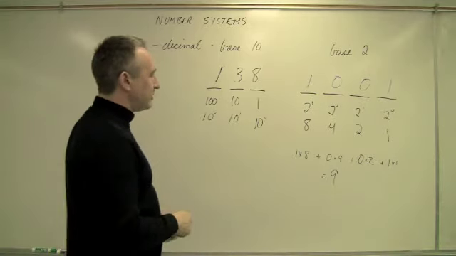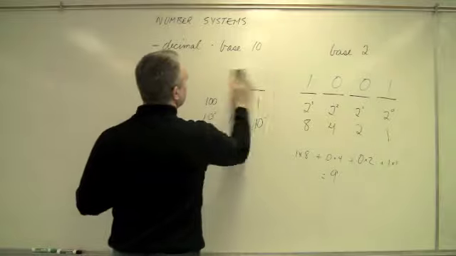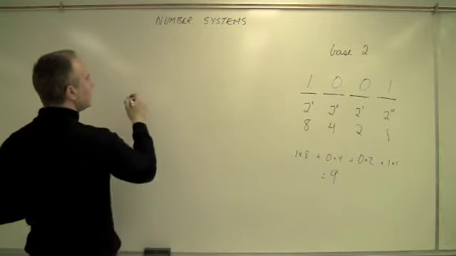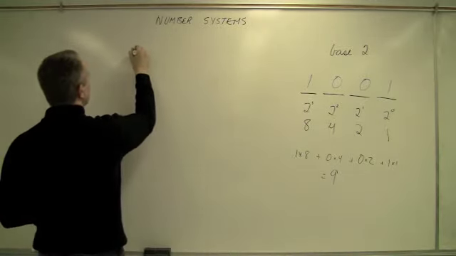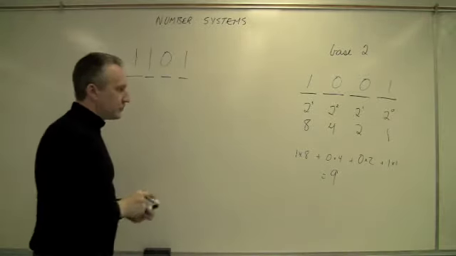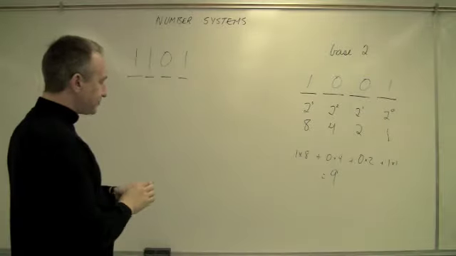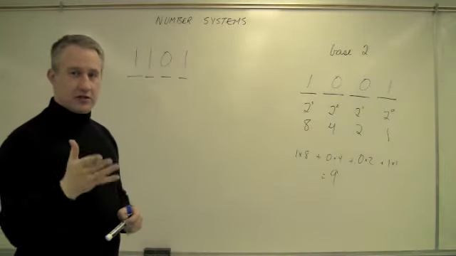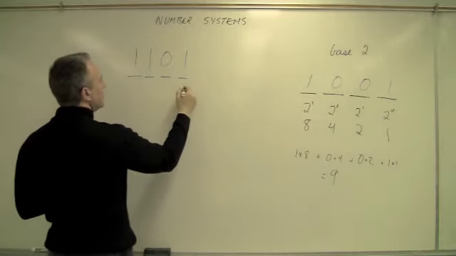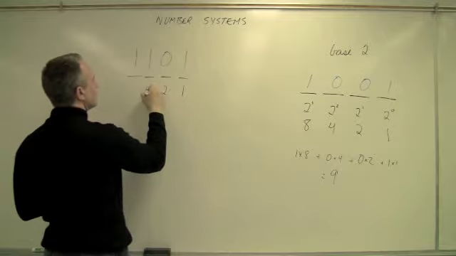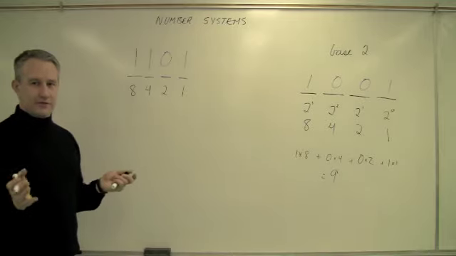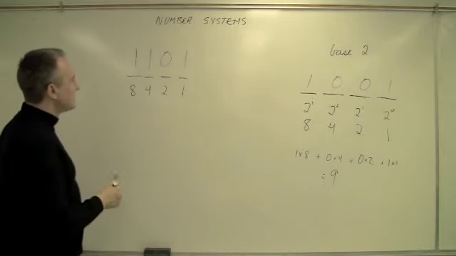And we can look at another example of this. For example, 1101, we'll say. So 1101 in binary, to convert it to decimal, write out the weights, multiply each digit by its corresponding weight, add them up, and that gives us the decimal.